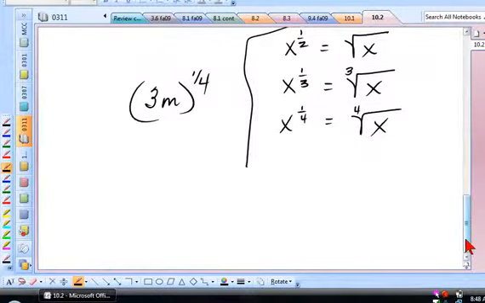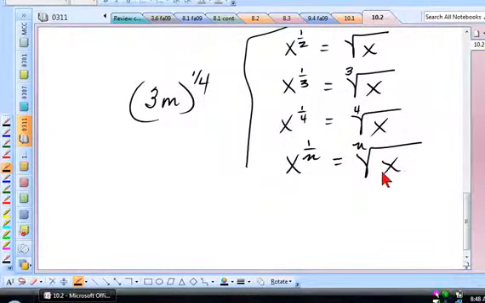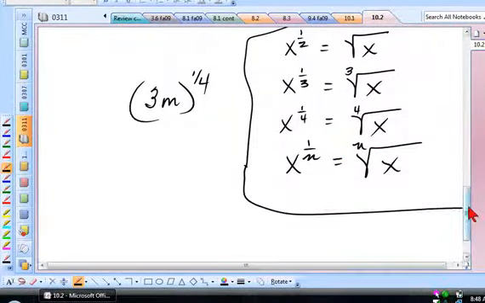So, summary, if it's x to the 1/n, it's the nth root of x. So whatever that denominator of the fraction is, that's the root, that's the index. All right, let's look at number 5.